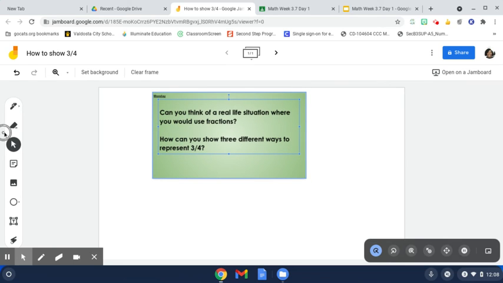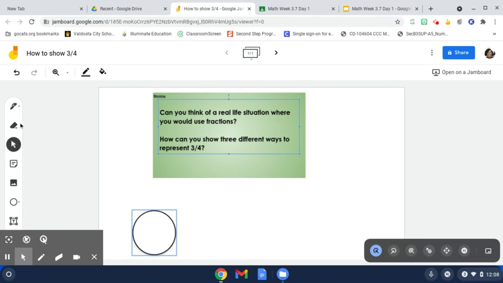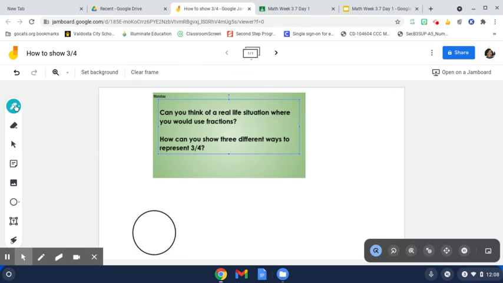First thing I'm going to do, I'm going to put a circle, and I'm going to use a line. Let's see if I can draw a line. I'm going to have to do this.